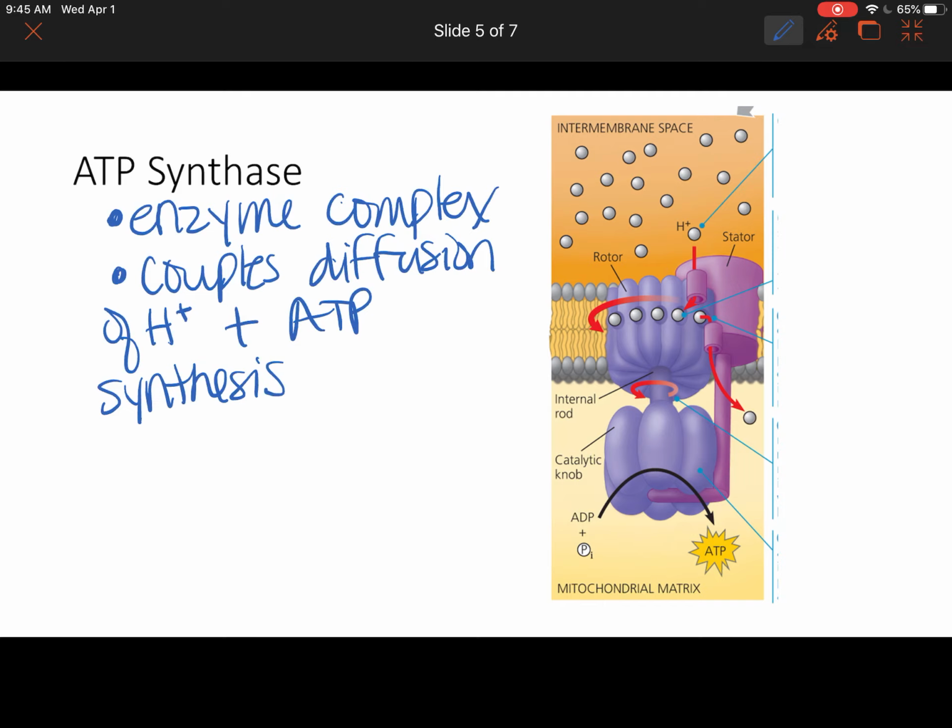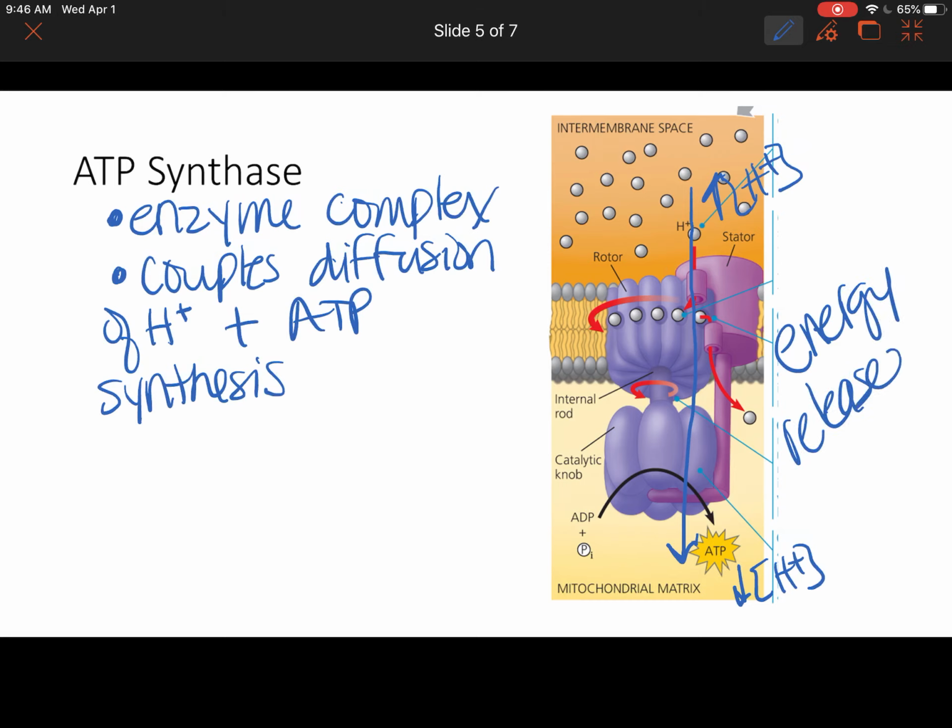So when hydrogens diffuse through ATP synthase from high concentration to low concentration, energy is released. ATP synthase then uses that energy to take ADP plus phosphate and synthesize ATP.